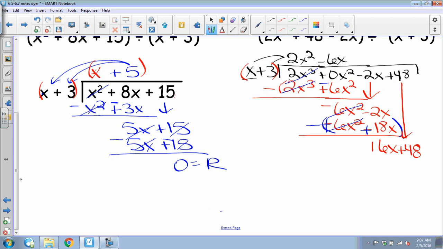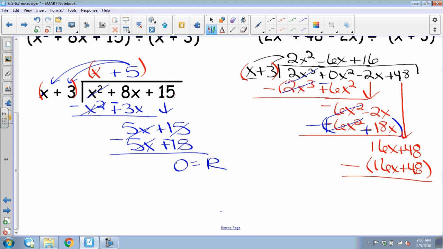Now I have to divide. X goes into 16x how many times? Positive 16. Now I have to multiply 16 times x plus 3. So 16 times x is 16x. 16 times 3 is positive 48. Now I multiplied. Now I have to subtract.